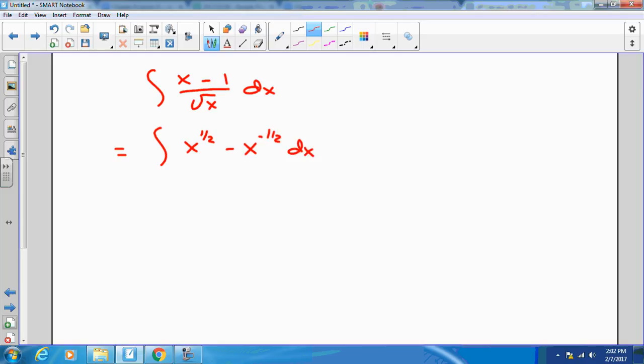Everybody see how she went ahead and rewrote this as times x to the minus 1/2 and distributed. And it's appropriate to be able to do algebra at that level. Good. Keep going. So it's 2x to 3 over 2 over 3 minus 2x to 1 over 2 plus. That's it. Okay, check it.